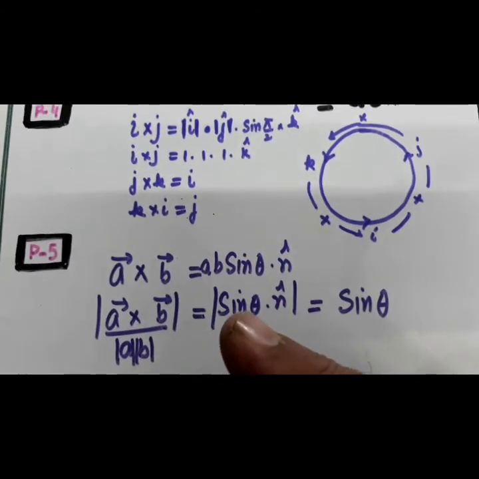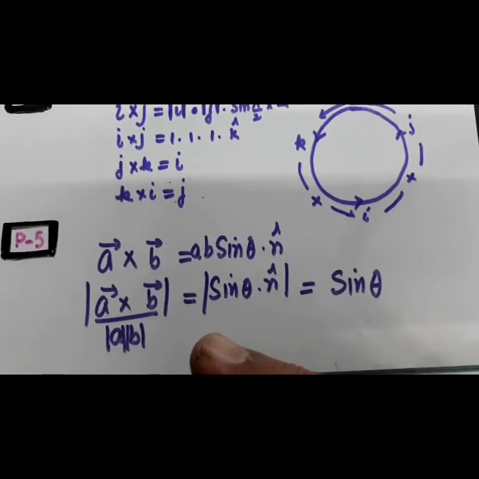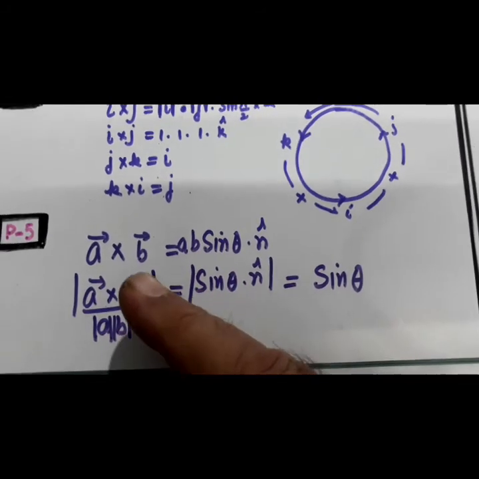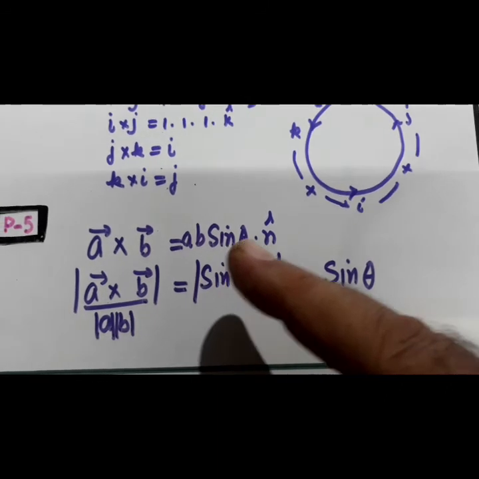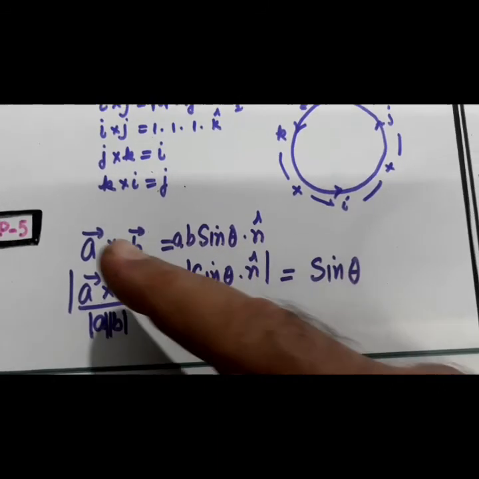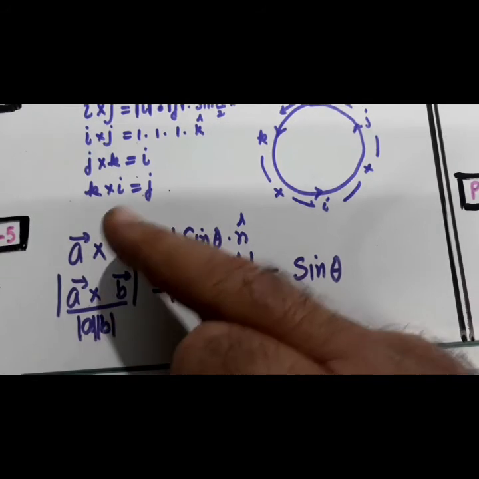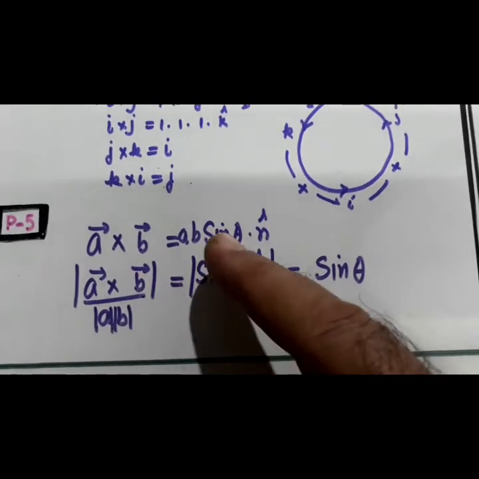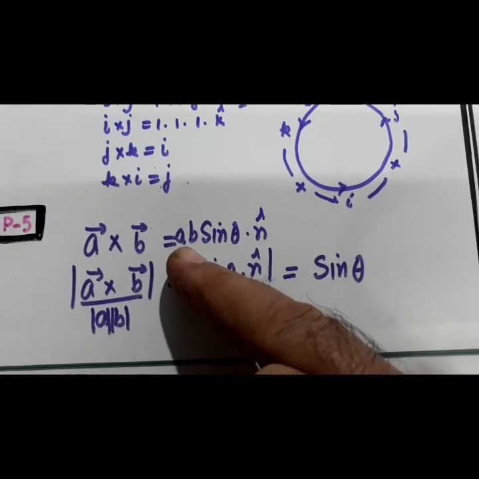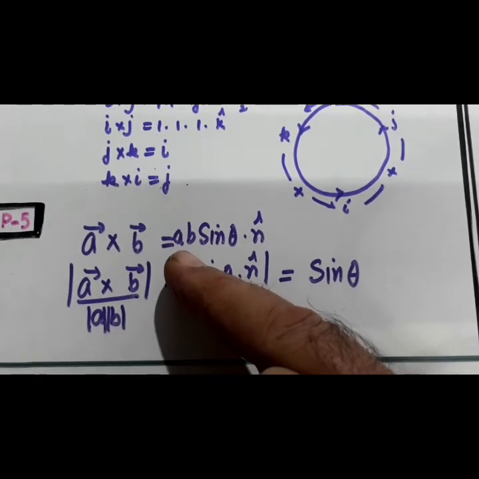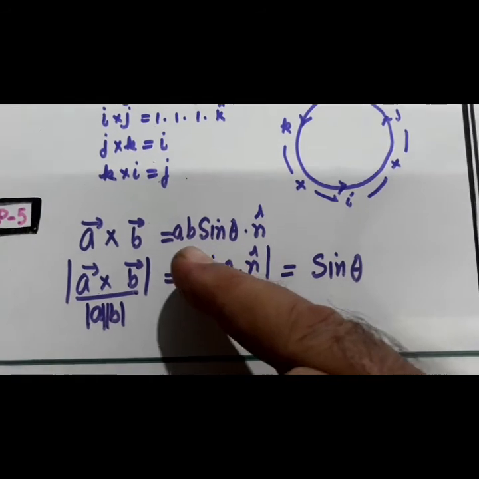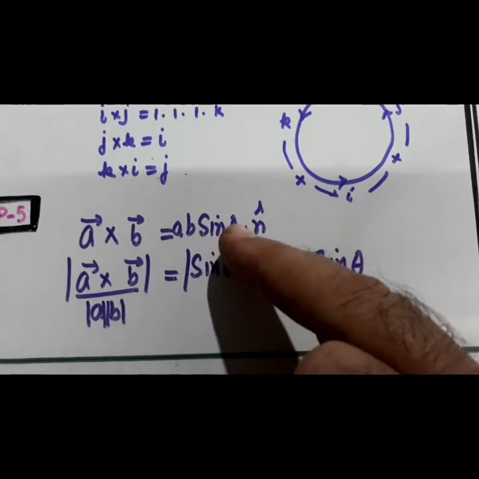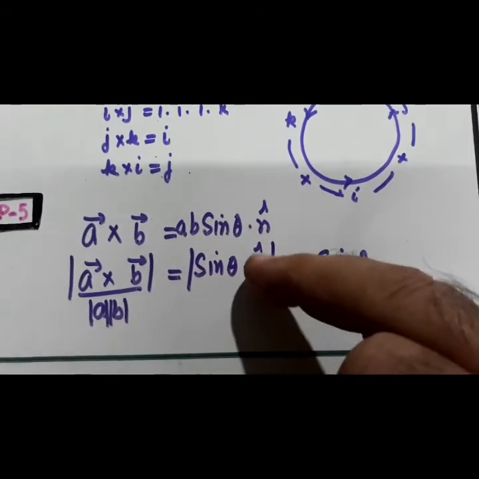Now let us again find the angle. So A cross B is AB sin theta n cap. Take the modulus, magnitude of both sides. A is already a modulus of A, magnitude of A, this is B, they are in the modulus shape, sin theta n cap remains here.